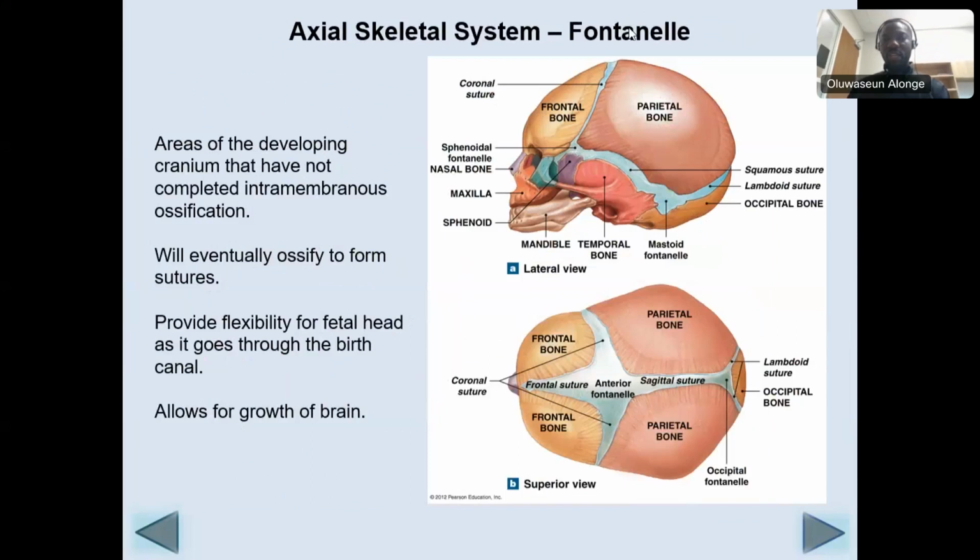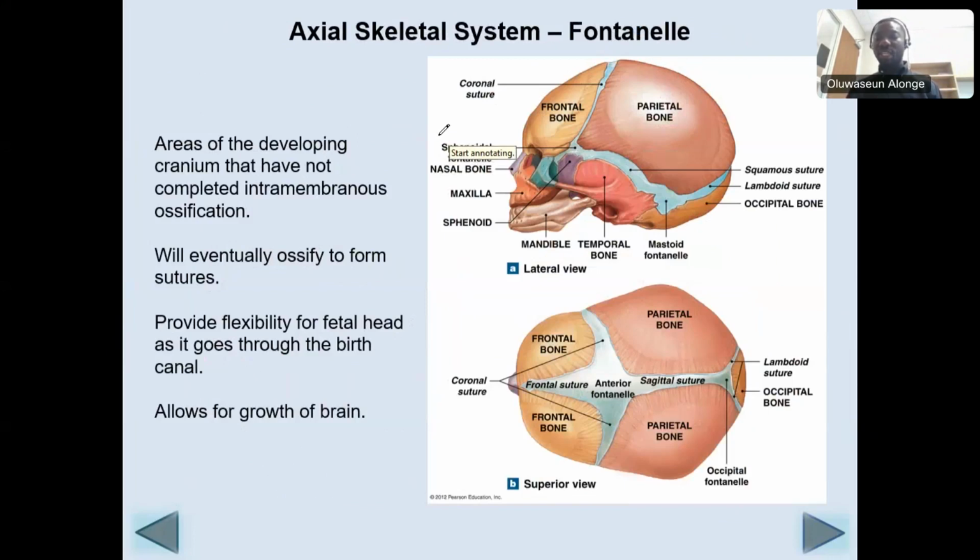Now, here are fontanels, and fontanels simply means the skull that is not fully ossified yet. And that is what you see in babies at the point of delivery. At the point of delivery, the skull of the fetus has not fully formed.